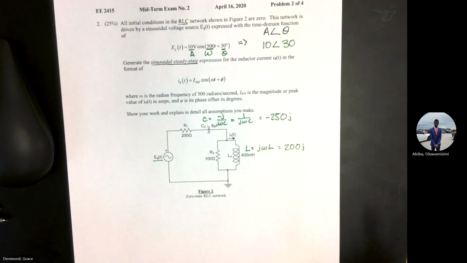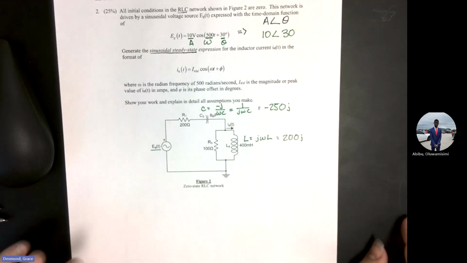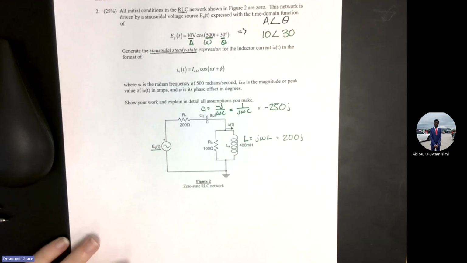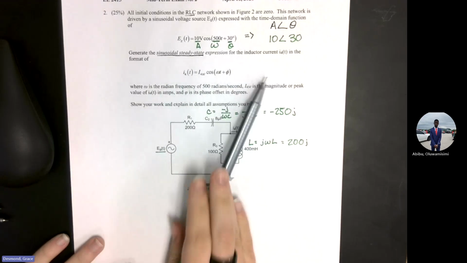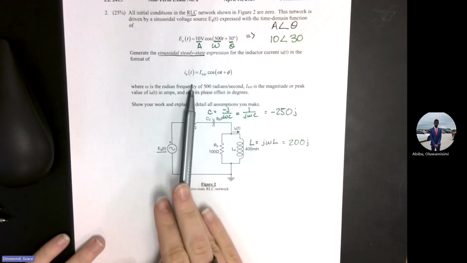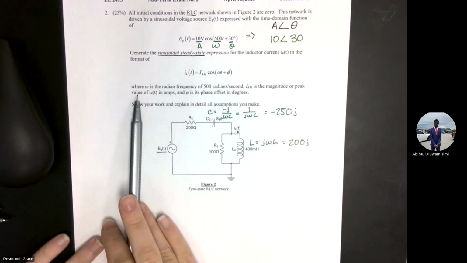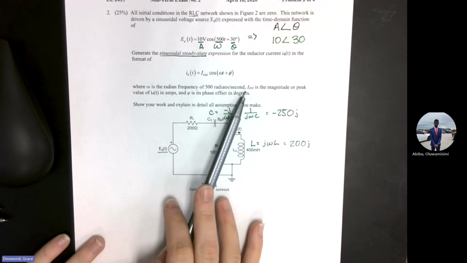Also, I should have read the question. I didn't even do that. I don't follow my own advice. So we said generate the sinusoidal steady state expression for the inductor current I4 of t in the format of that, where omega is radian frequency. Oh, it even told you 500 radians per second.